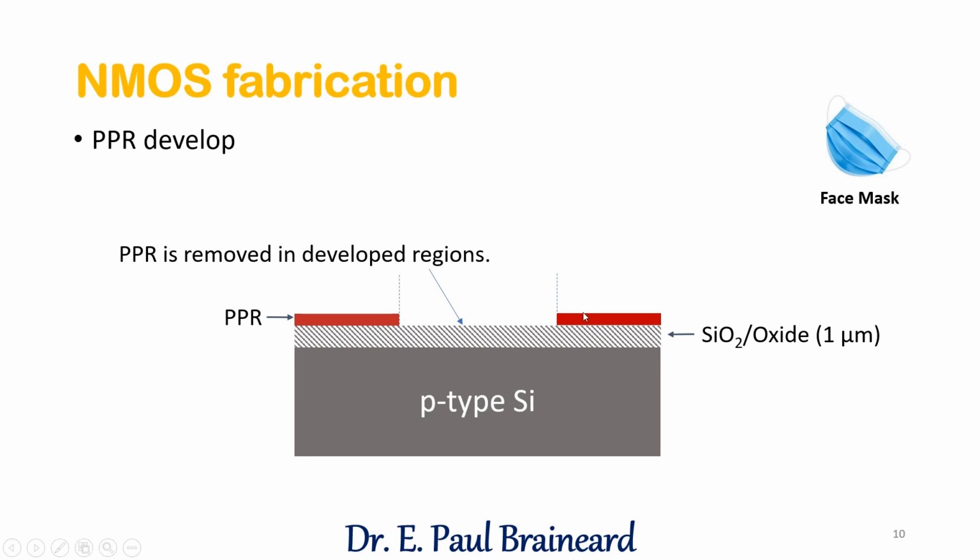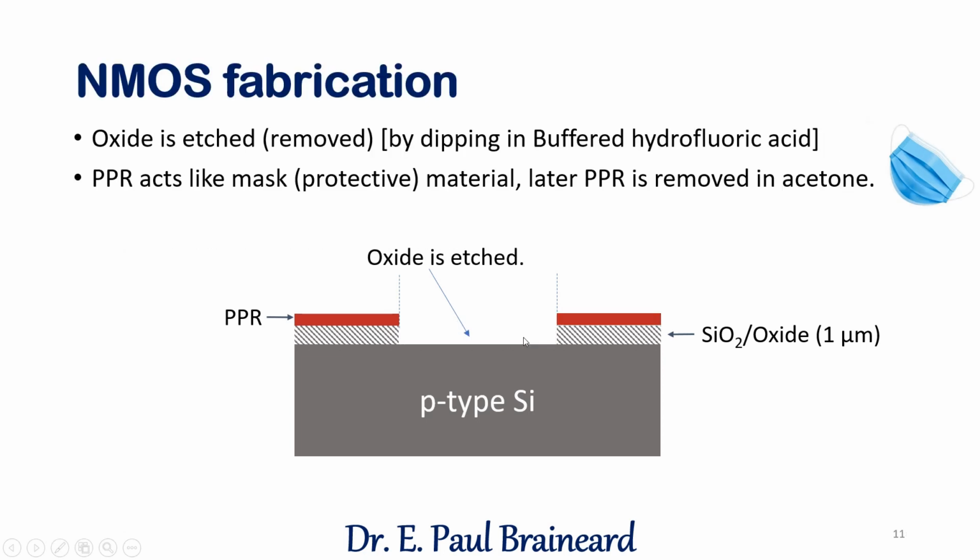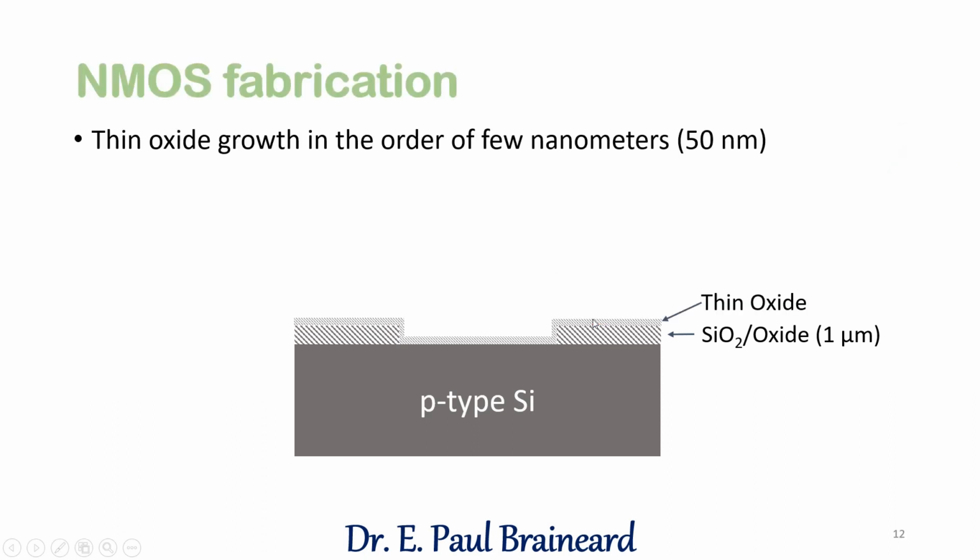The next step is we need to etch or remove the oxide. After oxide is etched using buffered hydrofluoric acid, then PPR also is stripped or removed using acetone solution. We have metal oxide semiconductor structure.